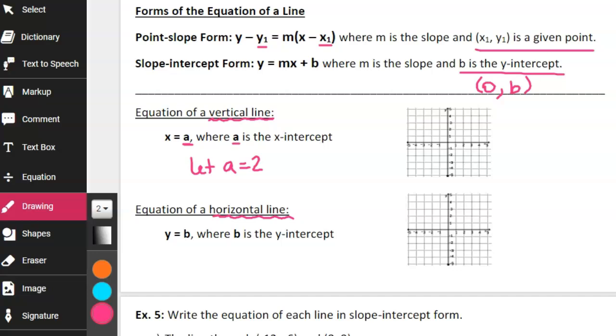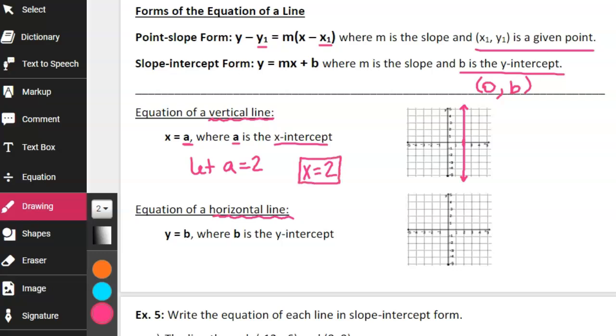So 2 is the y-intercept of this vertical line. So here's 2. I said y-intercept, I meant x-intercept, I'm sorry. So 2 is the x-intercept of that vertical line.